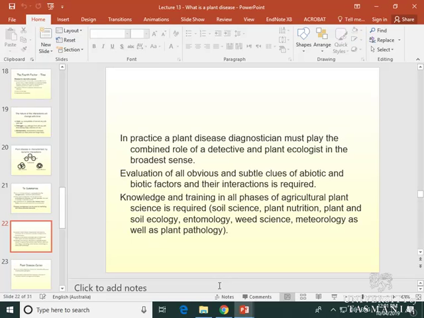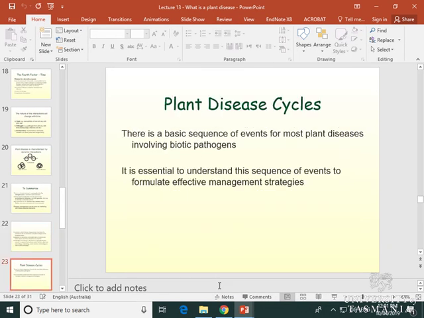I wanted to finish off on that first one, which is again talking about the concept of another way of thinking about the dynamics of disease. For most living organisms, they have life cycles. You're well aware of life cycles.